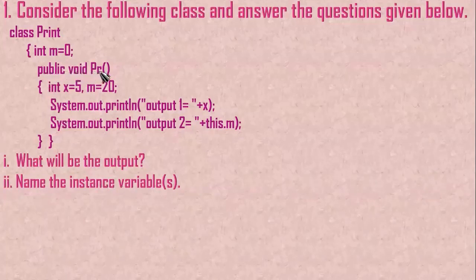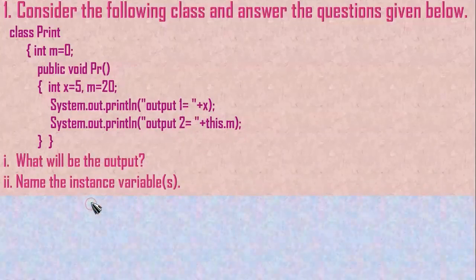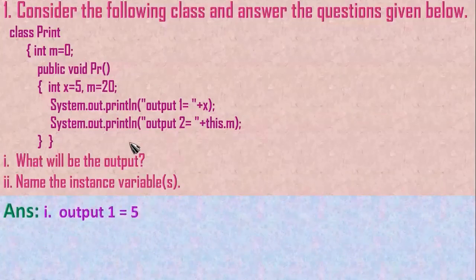Public void PR, that is the method. int x is equal to 5, m is equal to 20 is initialized. System.out.println of output 1 is equal to, it will print as it is, plus x. x is 5 here, so it will print output 1 is equal to 5.